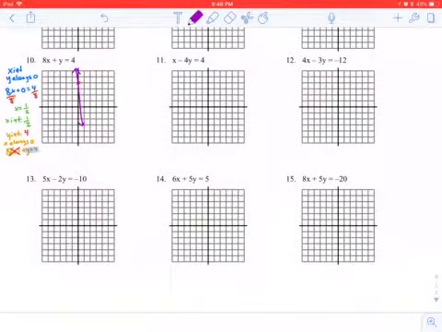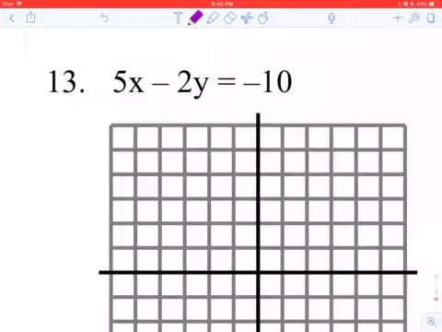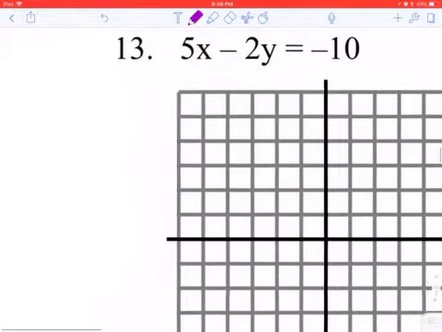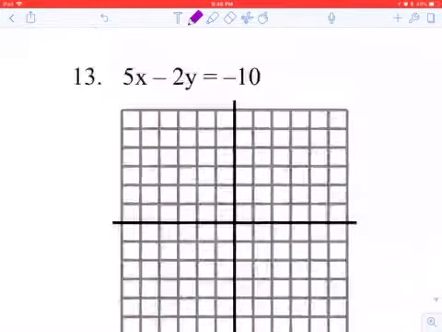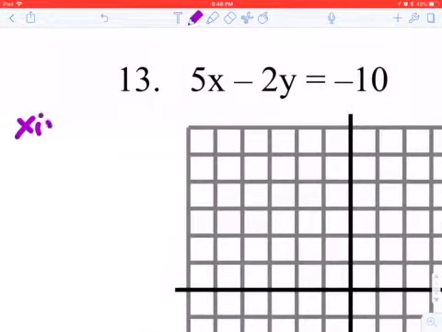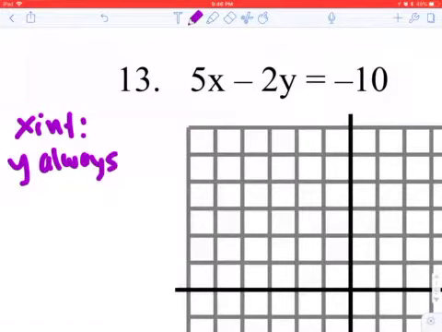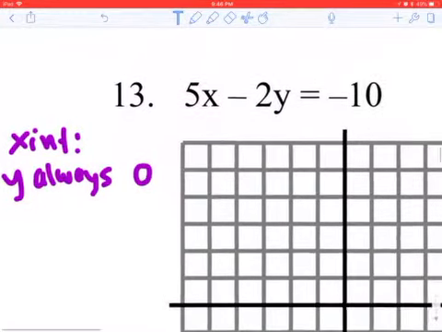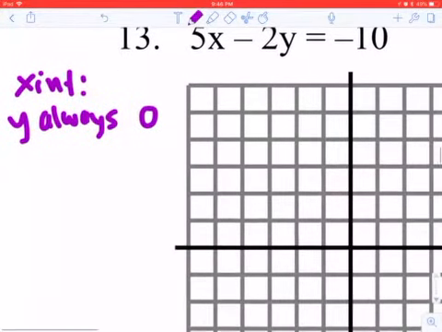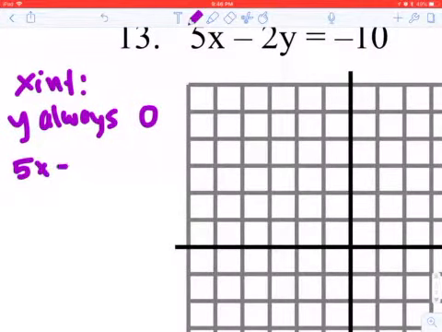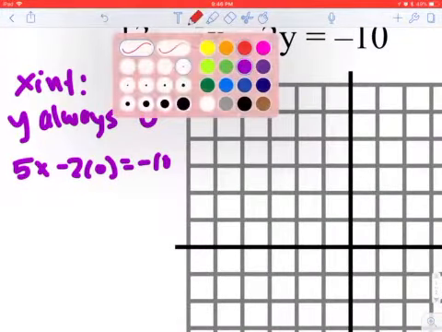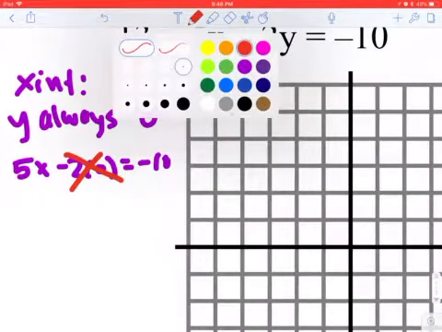Let's look at 13. It's exactly the same. Find your x-intercept, your y-intercept, and then graph those 2 points. For the x-intercept, again, y is always 0. So I'm going to put a 0 in the y spot. I have 5x minus 2 times 0 is equal to negative 10. 2 times 0 is just 0, so I'm going to cross it out.